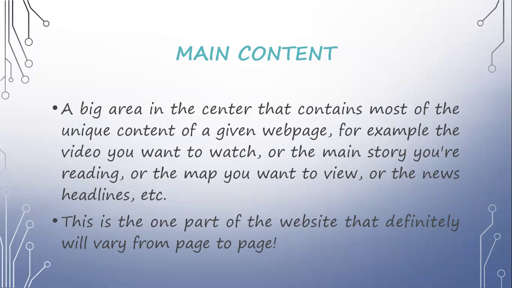Now, this is the one part of the website that definitely will vary from page to page. So it has to change from one page to another, since it gives you the specific details about the given web page.